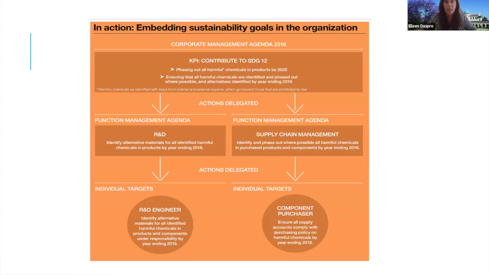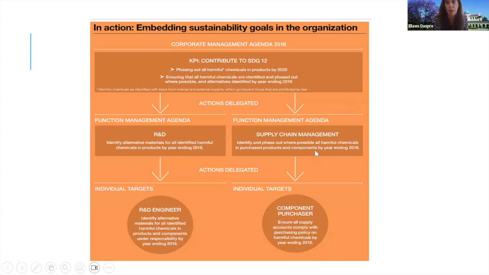And then they've identified which areas within the organization are going to embed those KPIs in their day-to-day activity. So there's work for the R&D department in identifying alternative materials for existing harmful chemicals that might be used, and an individual who's responsible for leading that initiative.